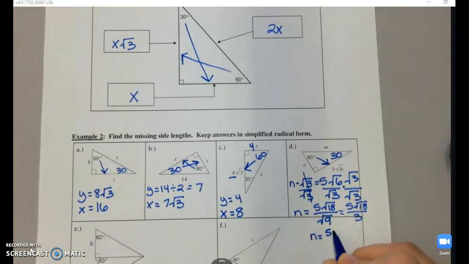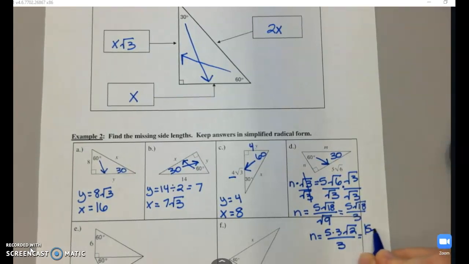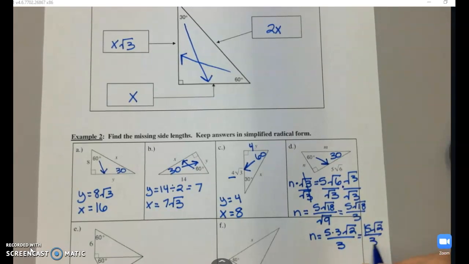So I'm going to get 5 times 3 on the square root of 2 over 3, which is 15 square root of 2 over 3. And the 15 and the 3 simplify. So I'm going to get 5 square root of 2 is n on part D.